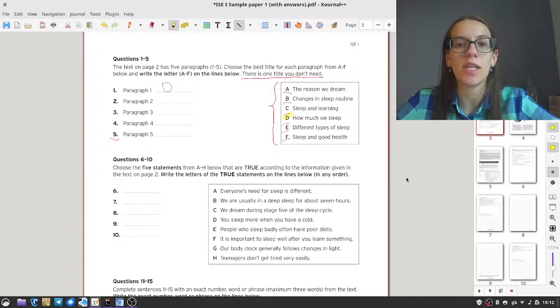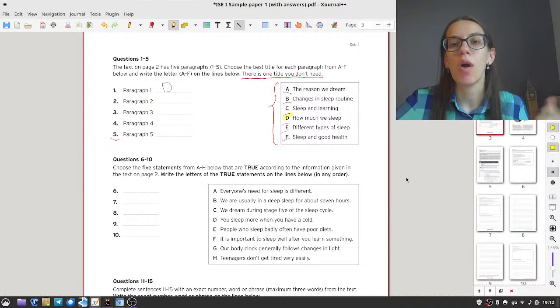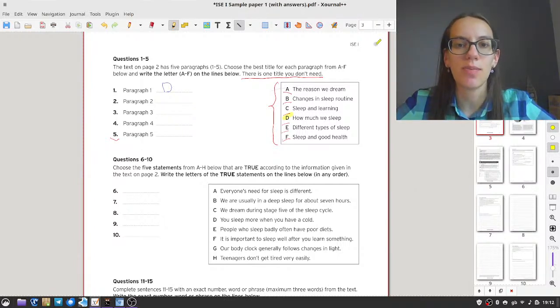Changes in sleep routine. Well, we don't talk about changes. A sleep routine is how many hours a day you usually sleep, yeah, and changes in sleep routine would be something like last week we slept this much and then next week we sleep a different amount of time.